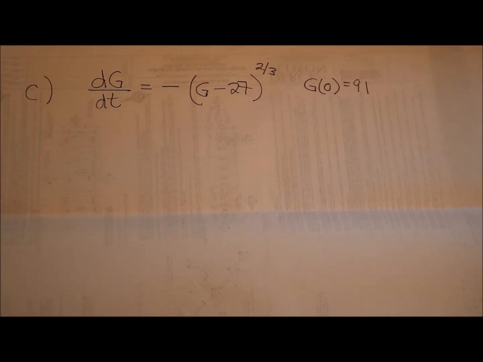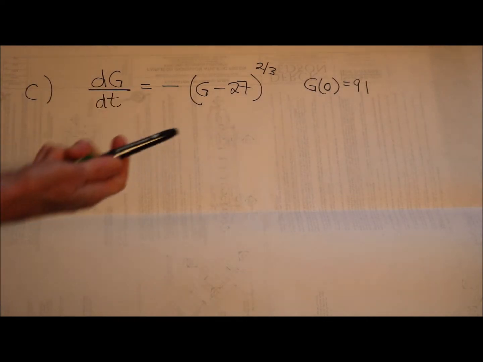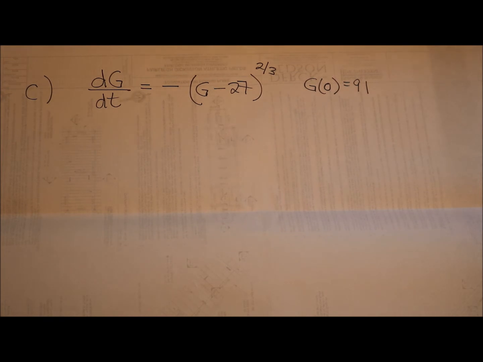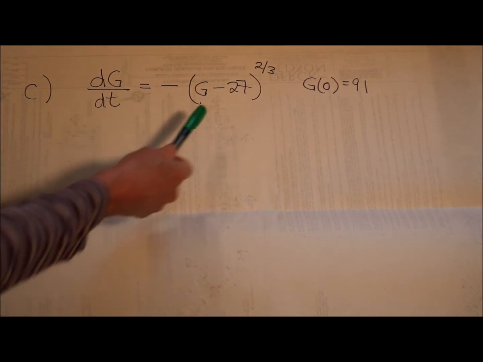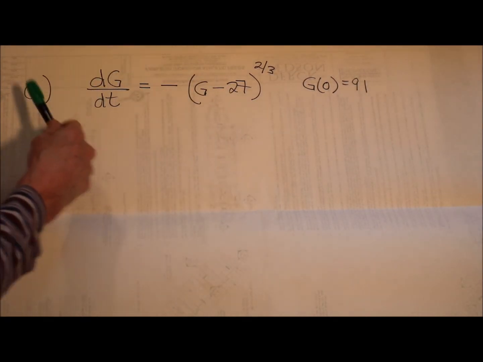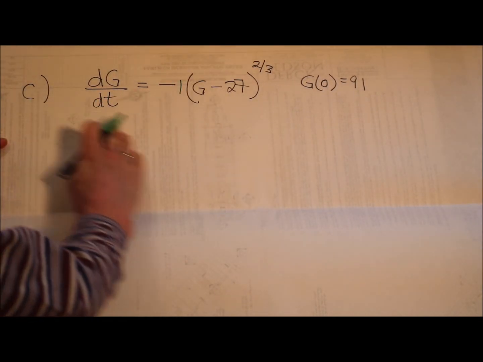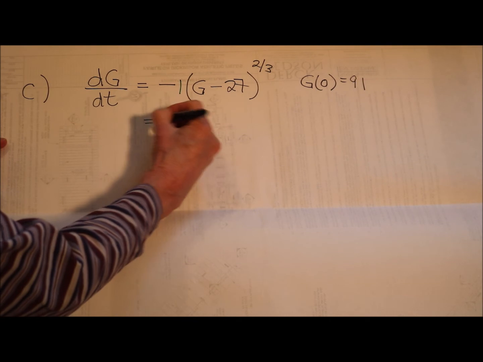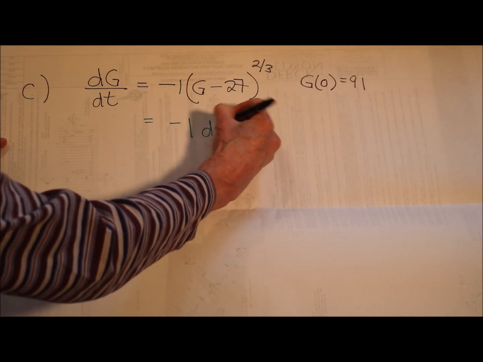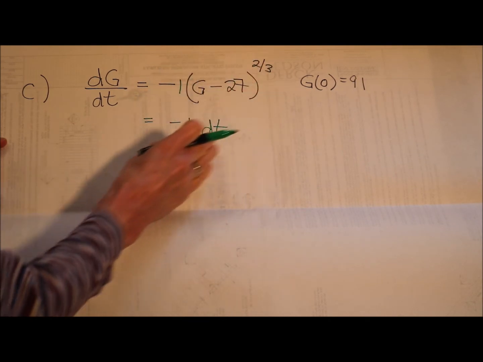C is a classic separation of variables problem. For some reason they decided to give us a different differential equation, but that's fine. So you have to get all your g's on one side and your t's on the other. I'm going to leave the -1 over there and bring the dt over there just to make things a little easier.